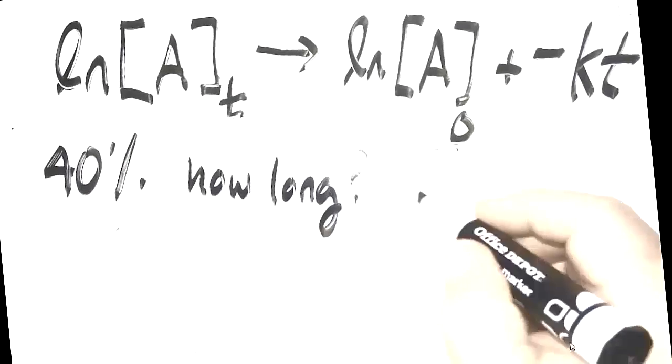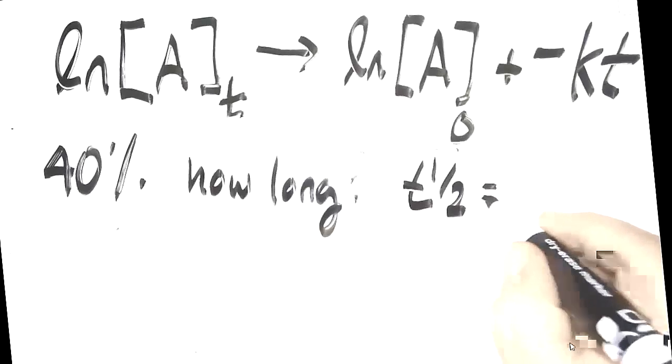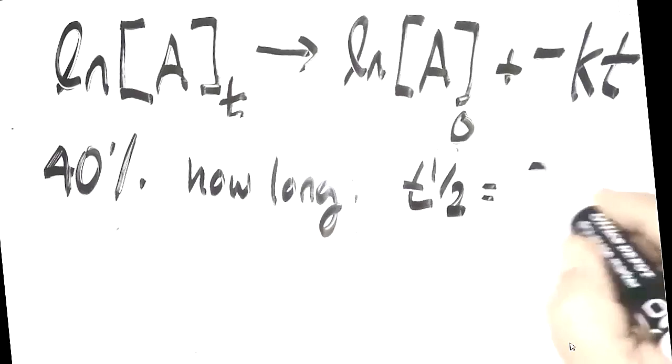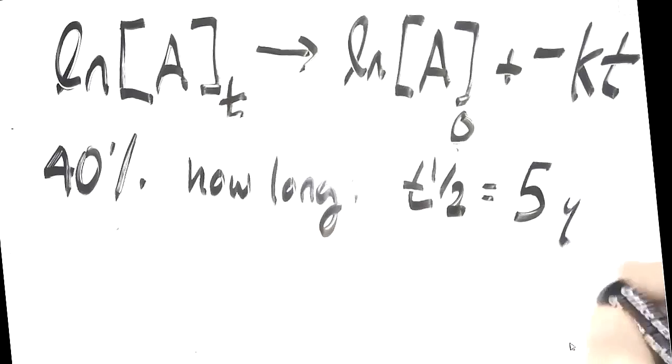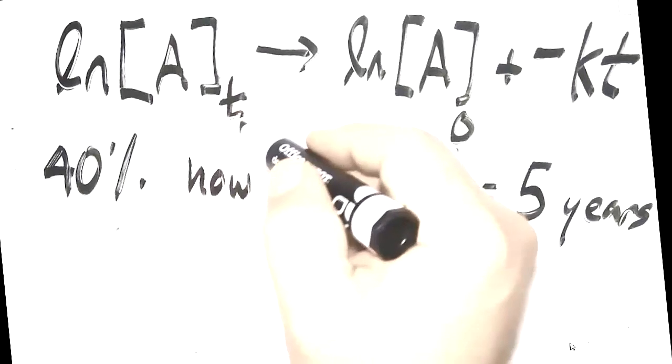And we're going to say that here the half-life, t1/2, is going to be 5 years. Okay, so if the half-life is 5 years, how long is it going to take to get just to 40%? Well, 40% is what you'd have here at some time t.